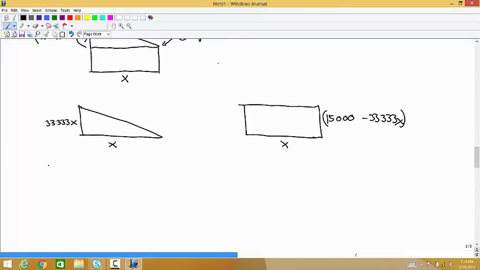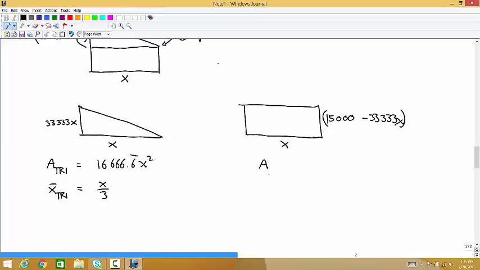So the area of that triangle is 33,333x times x divided by 2. And the centroid is x over 3.